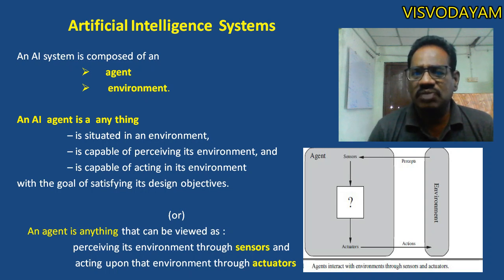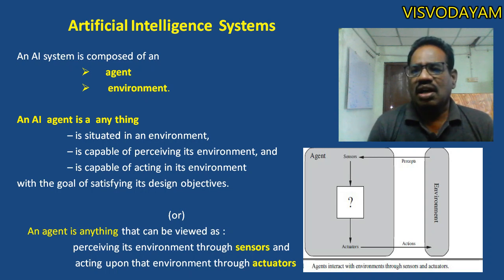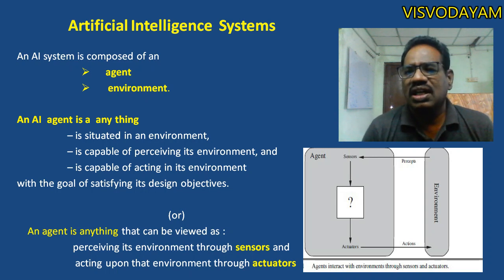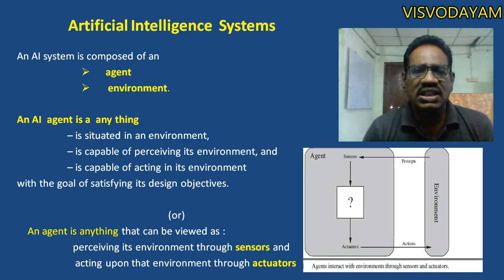According to this perception, it can do certain actions on the environment through actuators. Sensors can detect the temperature, working conditions, or whatever is required for the agent to take actions through actuators. An artificial intelligent agent is anything designed for a particular purpose, which can sense the environment through sensors and take some actions on the environment through actuators.